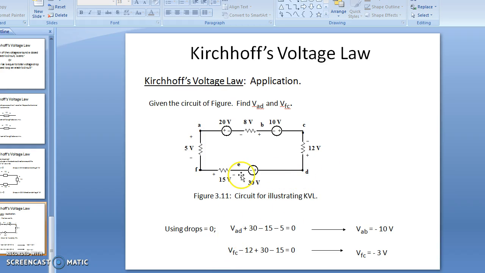Next, from D to E, we are traveling from positive to negative, so it is plus 30. From E to F, we are traveling from negative to positive, it is minus 15, and for the same reason F to A is minus 5. So this gives a complete closed path from A to D, traveling via E, F and A, and therefore the sum should be 0. So this gives VAD is equal to minus 10.